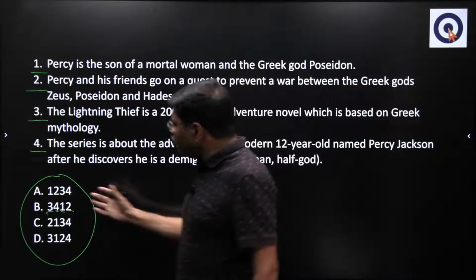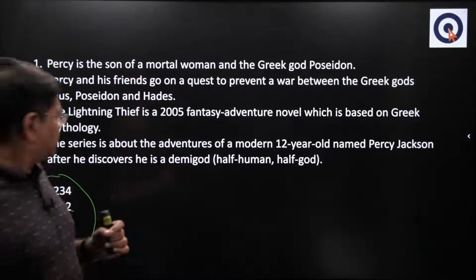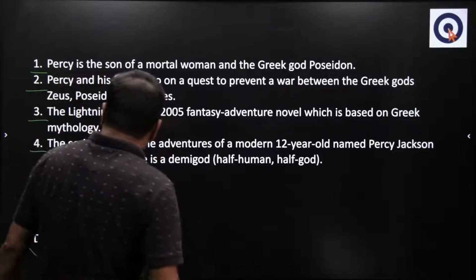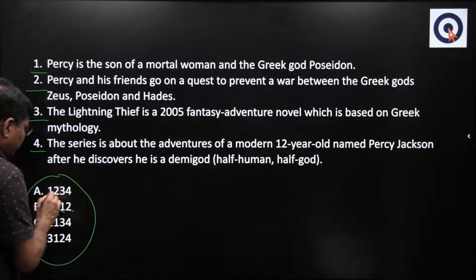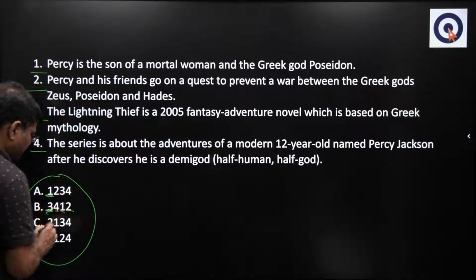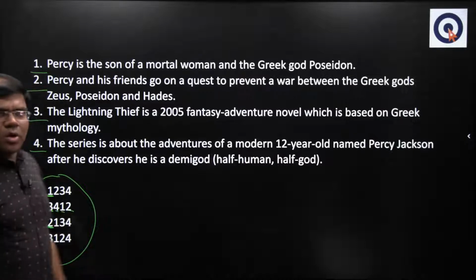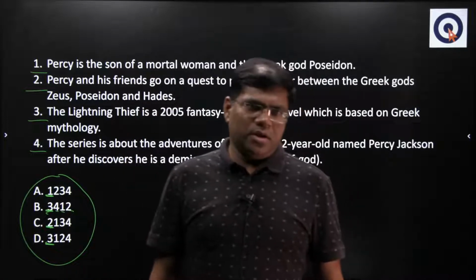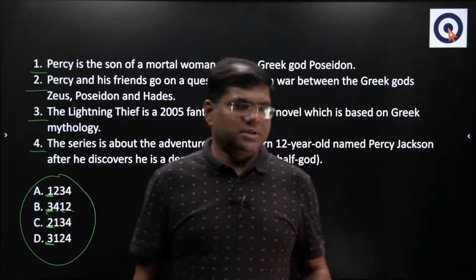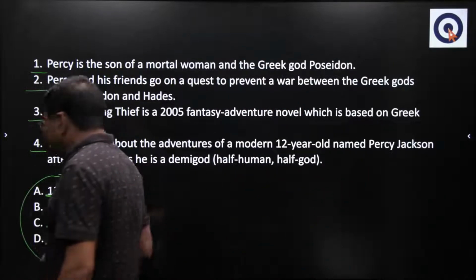So how to go about these kinds of questions? The best part of this question is that all the options start with different ones. See, this starts with 1, this starts with 3, this starts with 2, and this starts with 3. That means the opening sentence is either 3 or 2 or 1. 4 is definitely not the opening sentence. And once you pick the opening sentence, you also have to look at which can be a pair.